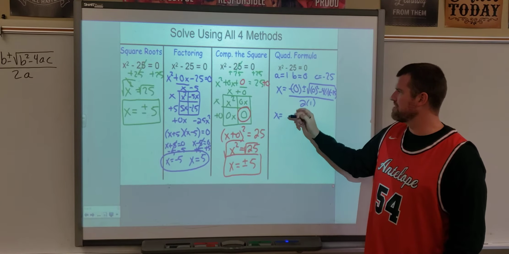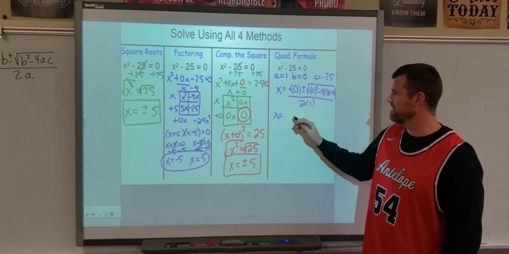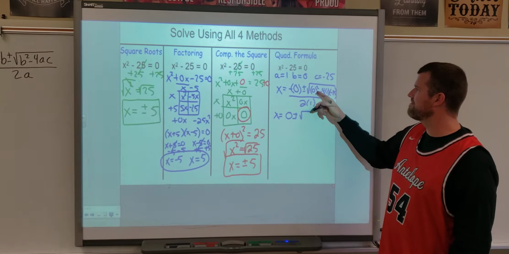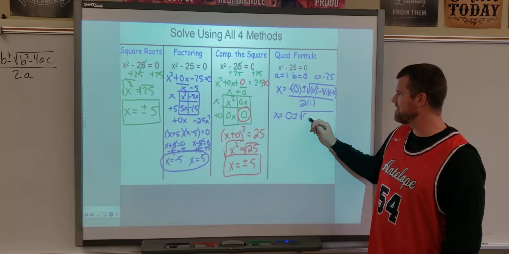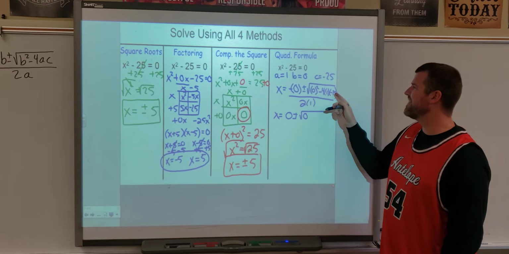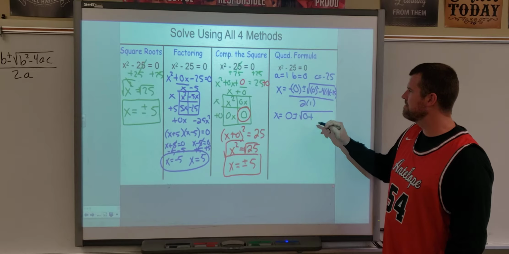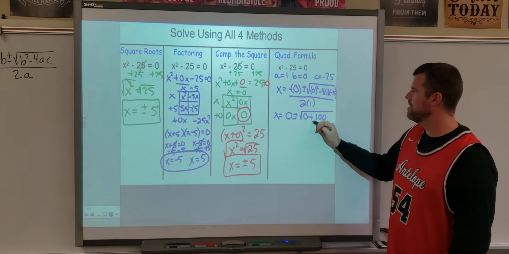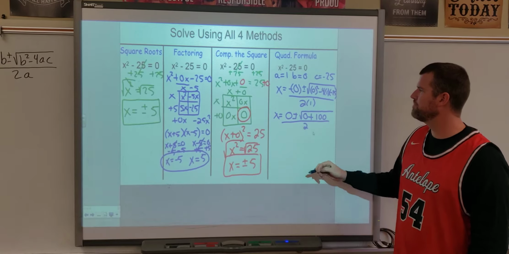X equals negative 0, which there isn't anything like that, so I'm just going to put 0, plus or minus the square root of 0 squared, which is 0, minus, and then I have a negative, so plus 4 times 1 times 25 is 100, all over 2.